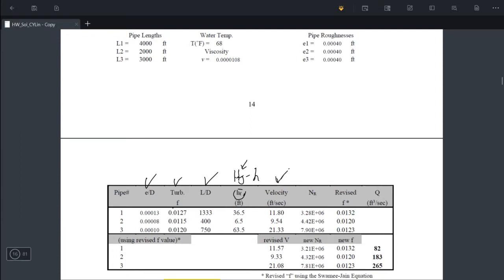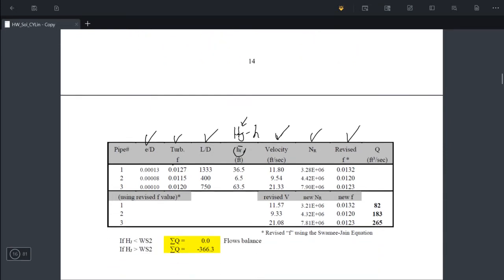And after you get the velocity, you can calculate the Reynolds number and use the Moody diagram to get this revised factor F. And after that, you can plug back into the friction head loss equation again, and you will get this revised velocity. And to check whether this velocity is valid, you will calculate the Reynolds number again and find the new factor and check whether these two factors converge to the same value.